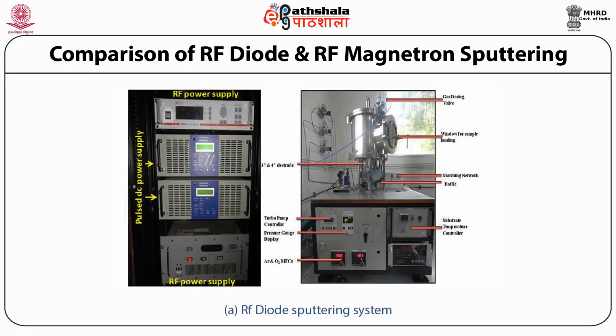The figure shows the RF diode sputtering system in which we can clearly see the two RF power supplies and the two pulsed DC power supplies. Then there is a gas dosing valve, 3 and 4-inch electrodes for the target, a 6-inch electrode for the target, turbomolecular controller, the pressure gauge, argon and oxygen MFCs, and the substrate temperature controller.